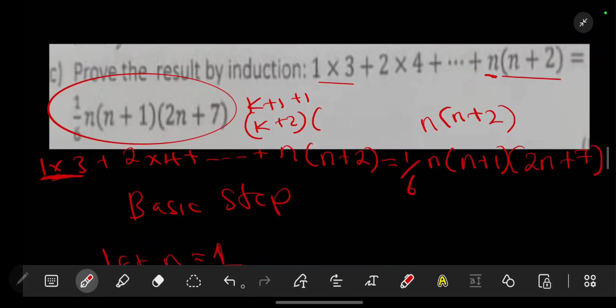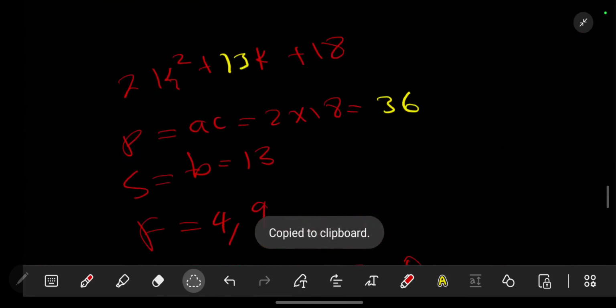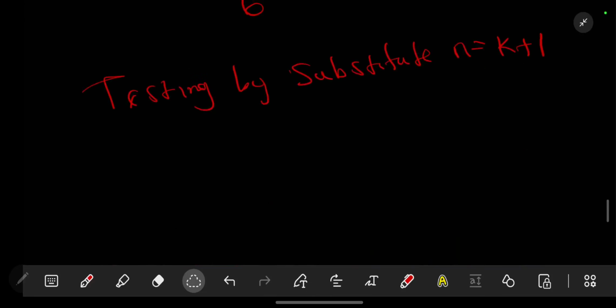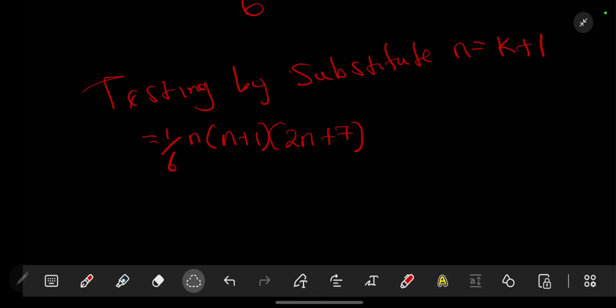So getting this equation, we are going to have, let us do that equation. So when we get this equation, substituting that value gives us 1 over 6. Then we have our k plus 1.